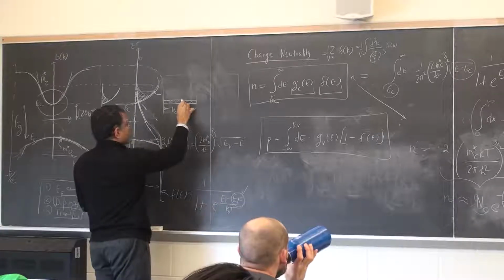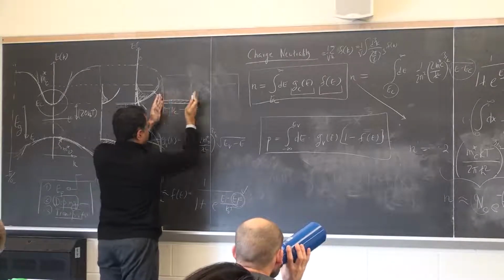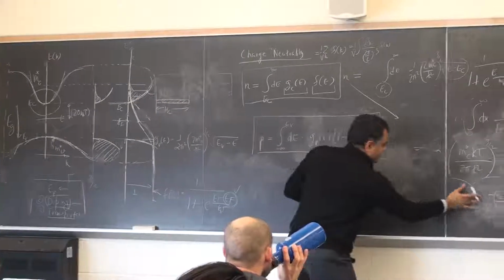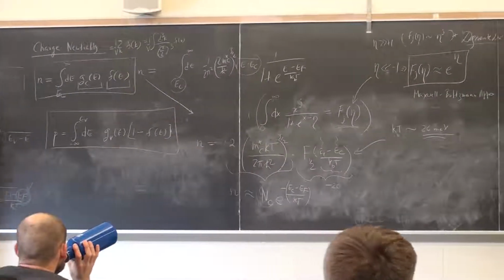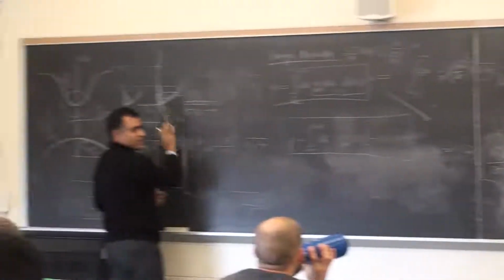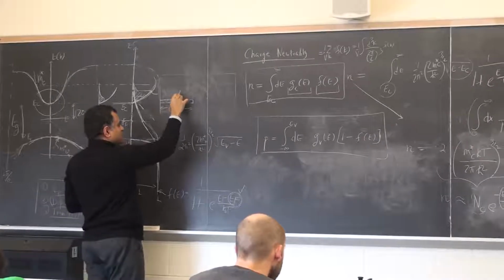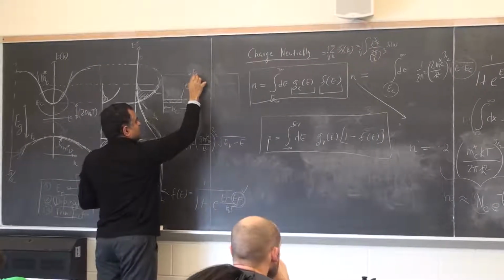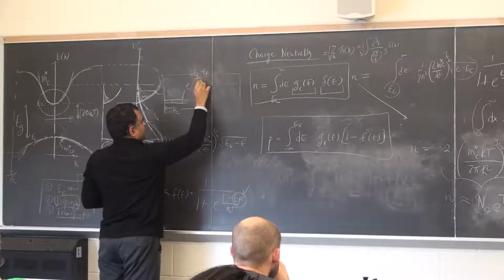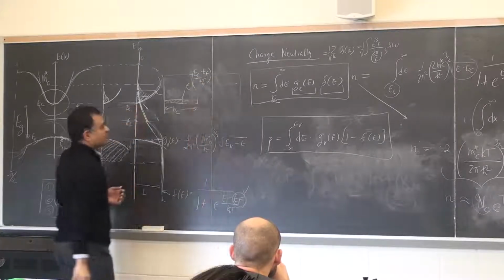The number of electrons in the band is the effective DOS times an occupation function, which decides how much of them are filled. That occupation function is just e to the power minus EC minus EF by kT. You don't have to do all this, but it immensely simplifies calculations.